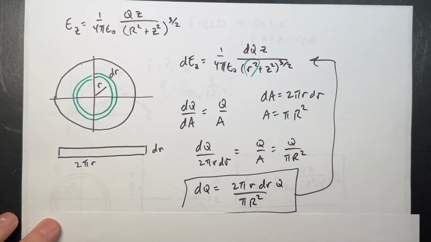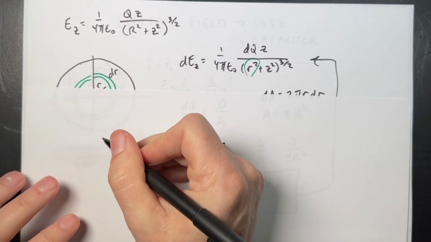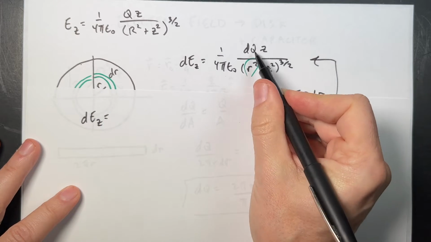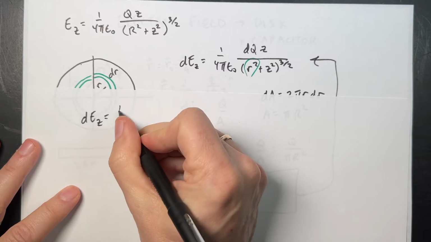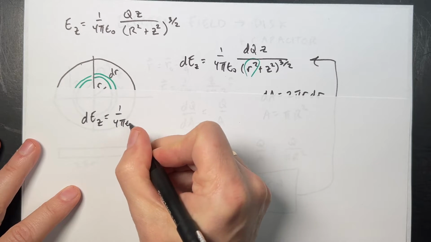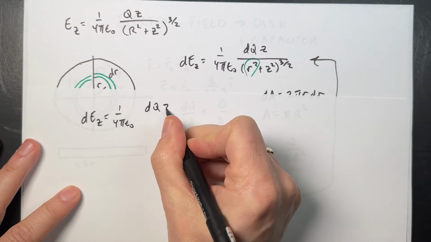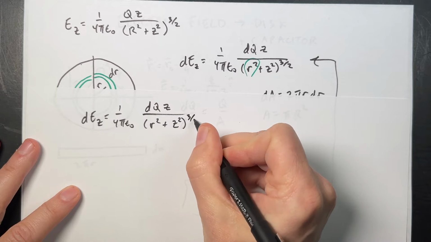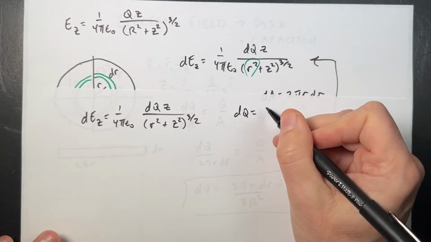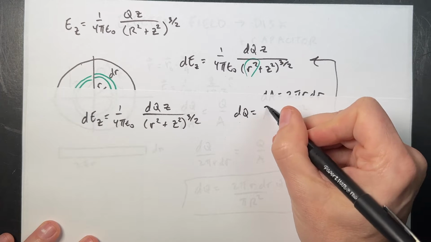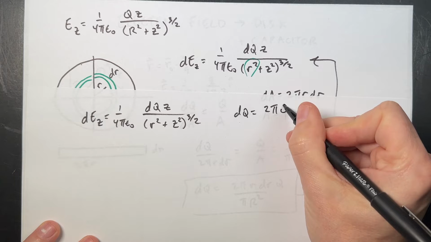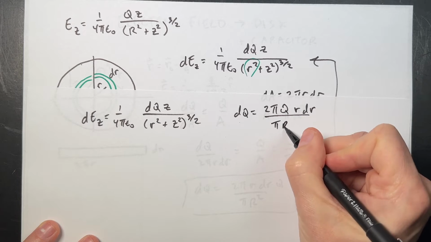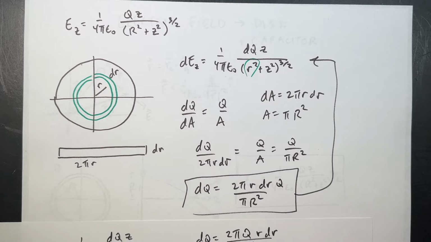Okay, so let's just write down this dE equals, I'm going to write it all out, but I'm going to put in my dq. 1 over 4 pi epsilon naught dq z over r squared plus z squared to the 3/2, and then dq is equal to 2 pi q r dr over pi r squared. That's what I had.